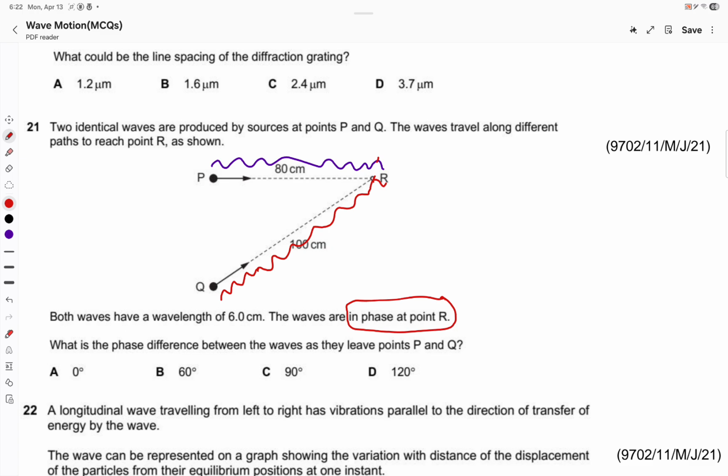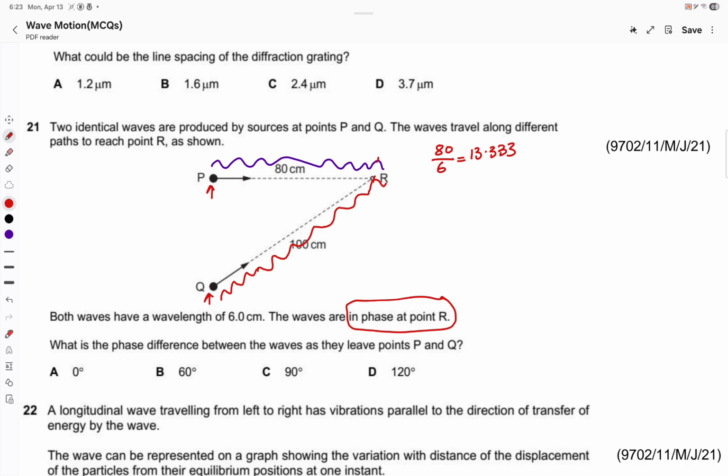So it means that at the starting points P and Q, the waves should have some amount of phase difference. Let's see P to R. It's 80 centimeters, and when I divide it by 6, I get 80 by 6, which is 13.3333 waves.